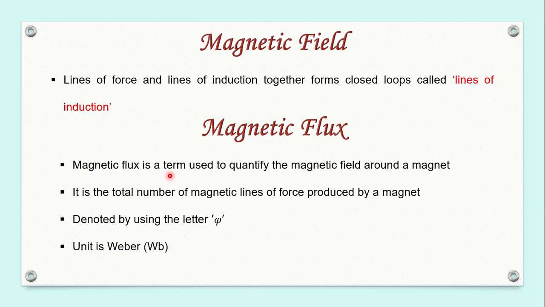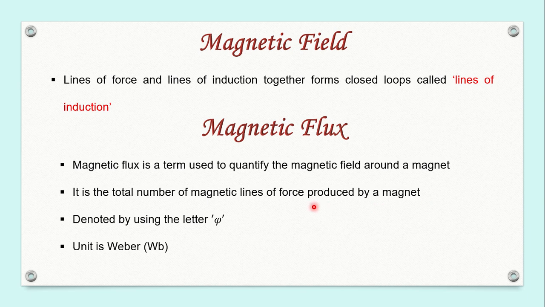Now let us see what magnetic flux is. Magnetic flux is a term used to quantify the magnetic field around a magnet. We know that the magnetic field is not visible and is represented by magnetic lines of force, which are imaginary lines originating from the north pole and terminating at the south pole. So we quantify the magnetic field around a magnet using the term magnetic flux, and it is nothing but the total number of magnetic lines of force around a magnet.